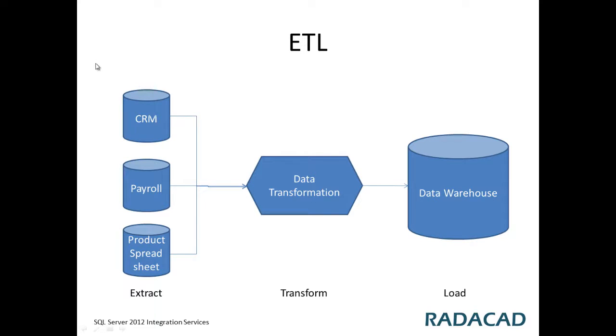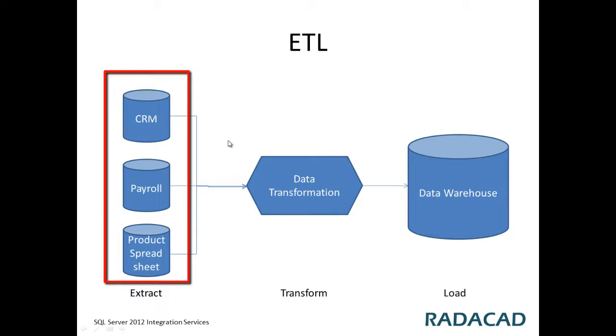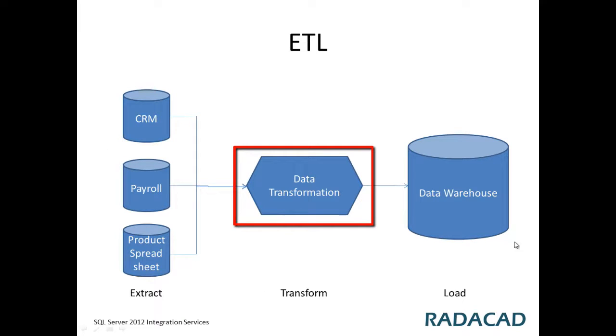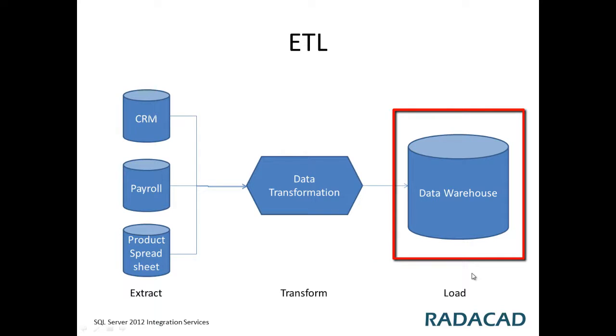Okay, in this process, when we extract this information from the source, we call this part extract. We apply some changes on the data, we call this part transform, and when we load this information into the data warehouse, we call this part load.